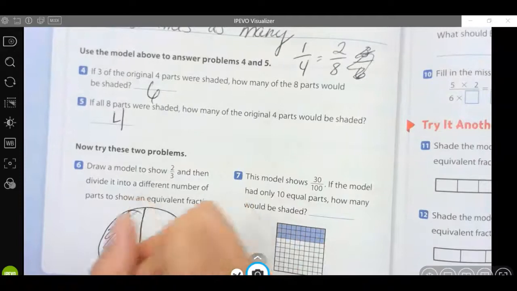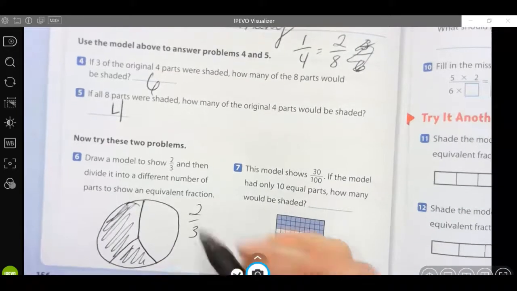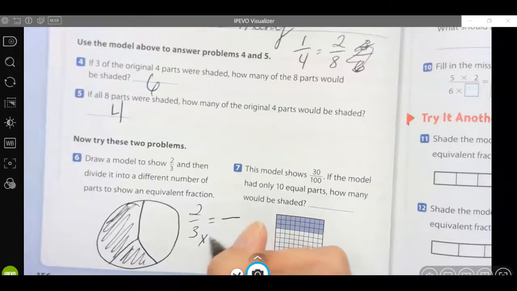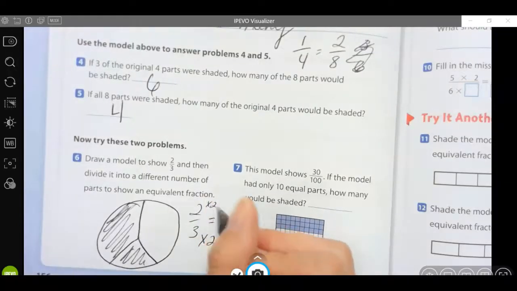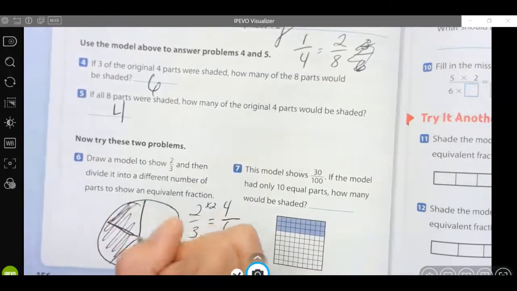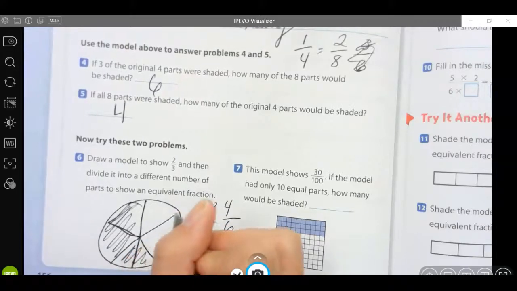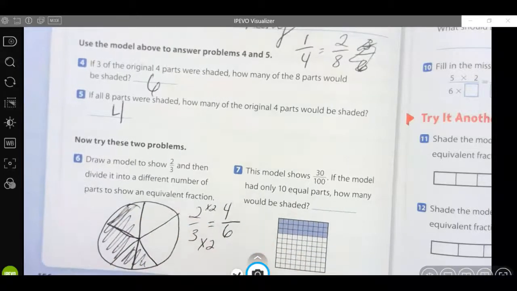And so I would shade in this part and we'll shade in this part, right? That could be 2/3. But now it wants us to make this an equal fraction. So I'm going to multiply by 2 to get 6 and multiply that by 2 to get 4. So 4/6. So I would split this in half and then split that in half. Okay, so then 4 of the 6 pieces are shaded in.